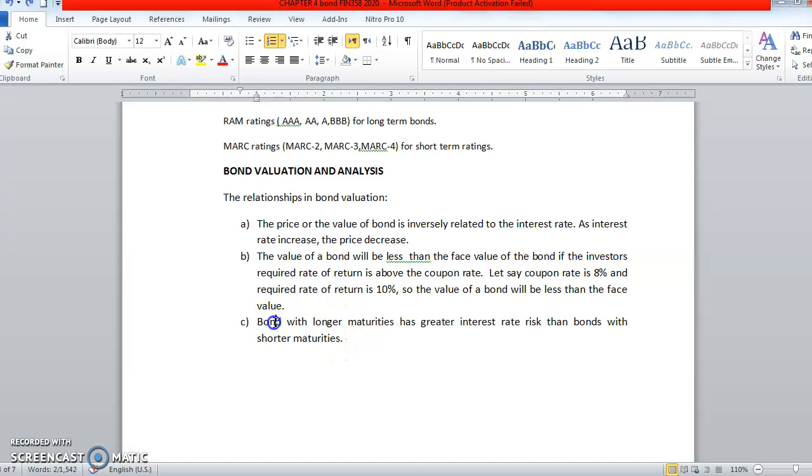But sometimes they offer a good coupon rate at the same time. So that's why investors still invest in longer maturity bonds, right?